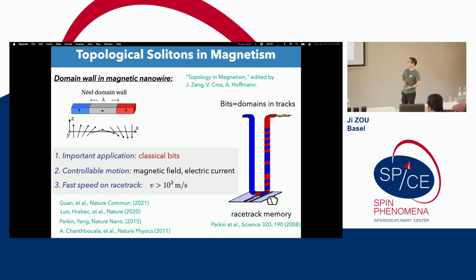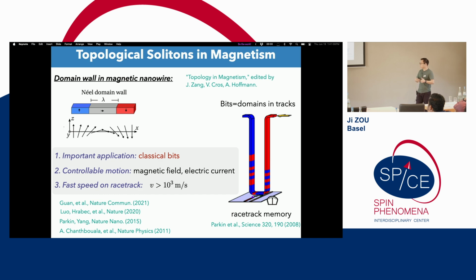Now in the lab, people can really control and manipulate the domain wall motion very nicely, for example by magnetic fields, electrical current, or spin current. Even more impressively, they can drive the domain wall motion with a rather large speed, even over 1,000 meters per second. All the stuff I described has already been achieved in experiments.